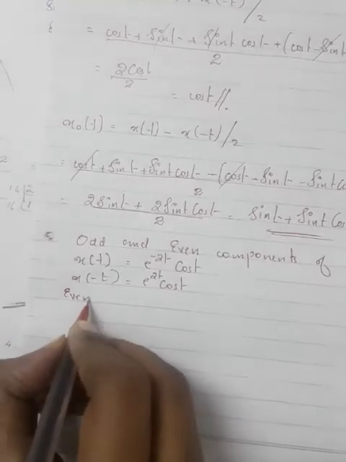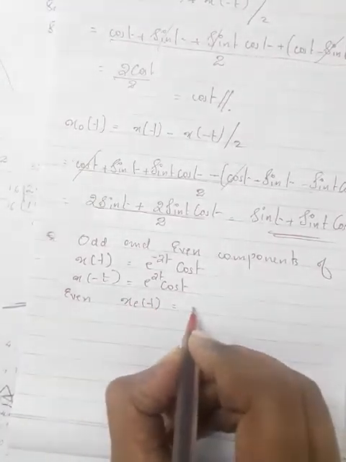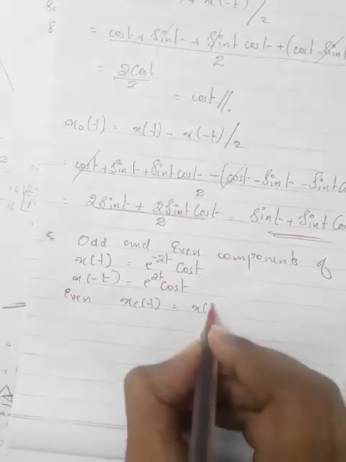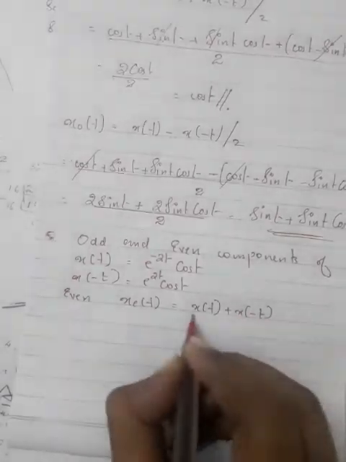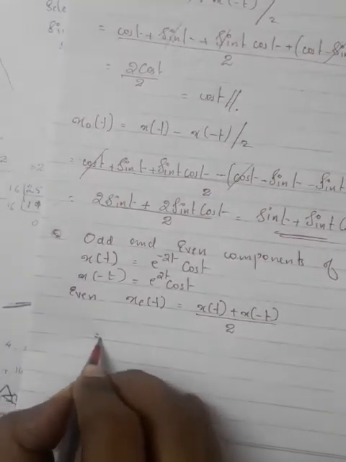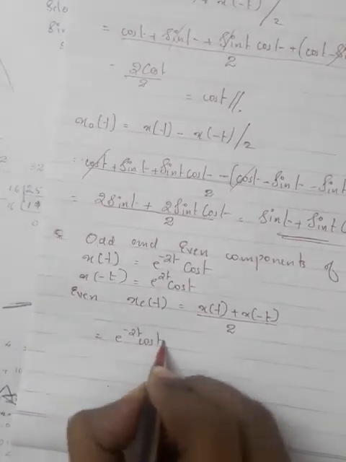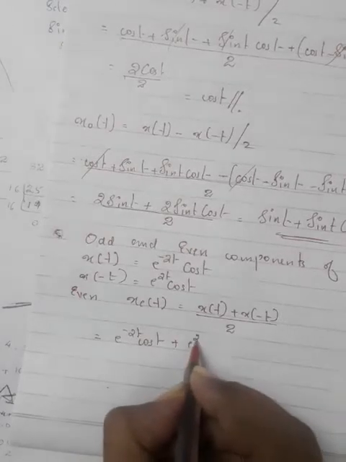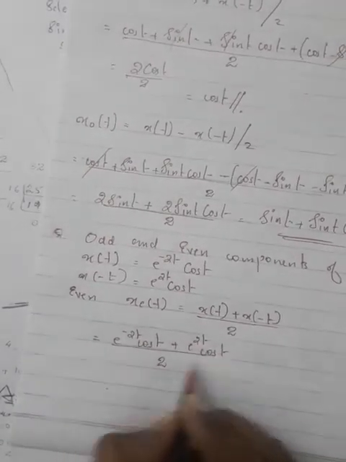Now the even component x even of t is equal to x of t plus x of minus t by 2. Then it should be equal to e raised to minus 2t cos t plus e raised to 2t cos t by 2.